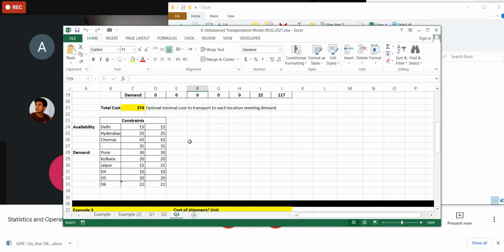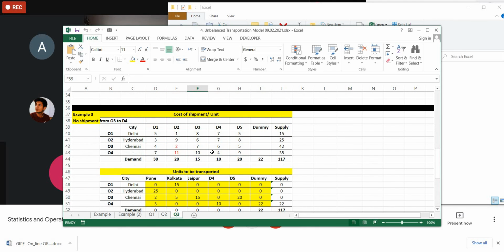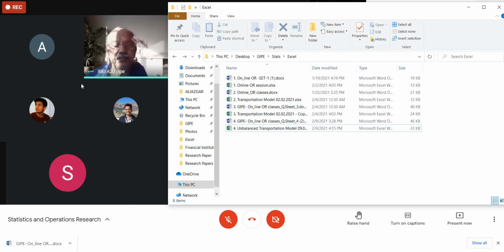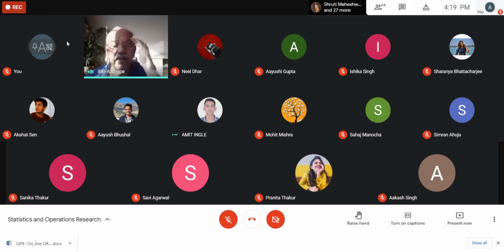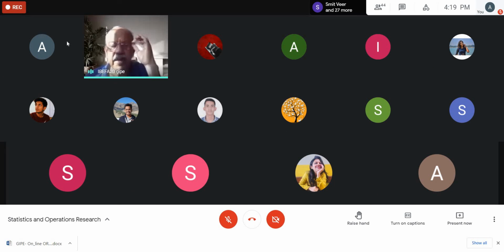Yes, sir. Is today's work clear? Yes, sir. Do you have any doubt on this algorithm of the solver? No, sir. Okay. Amit Ingle? Yes, sir. Do you follow the work that I have done? Yes, sir. So you are preparing for the next class by solving example 3. Yes, sir.